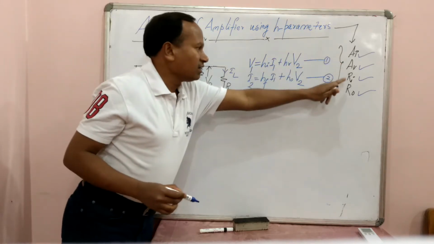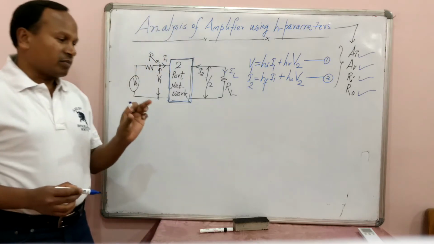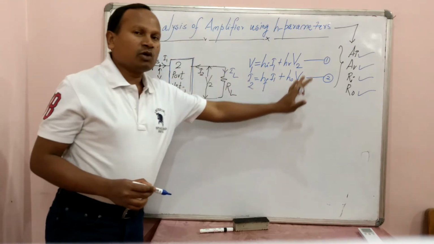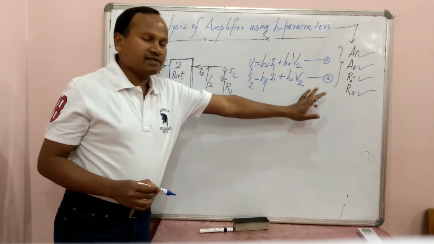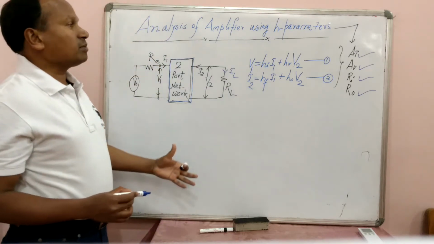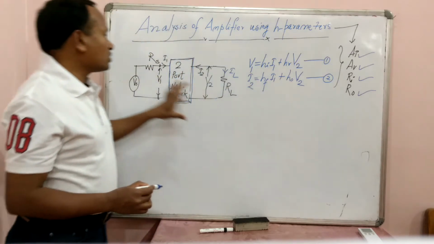Whenever we determine all these four parameters of any amplifier, we call that determination the analysis of the amplifier. So to analyze a transistor amplifier means to determine these four parameters using this concept.